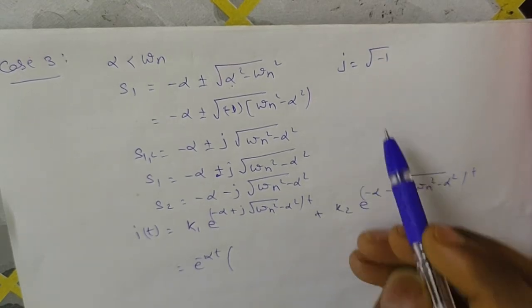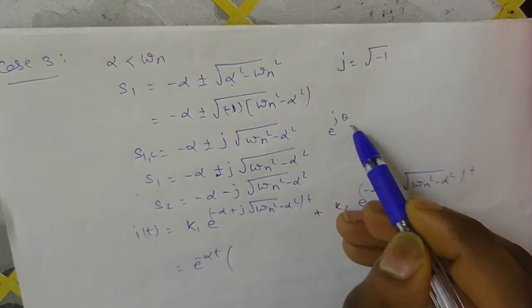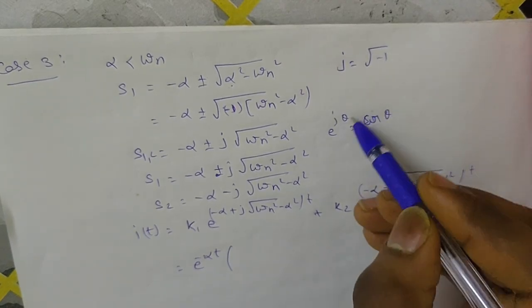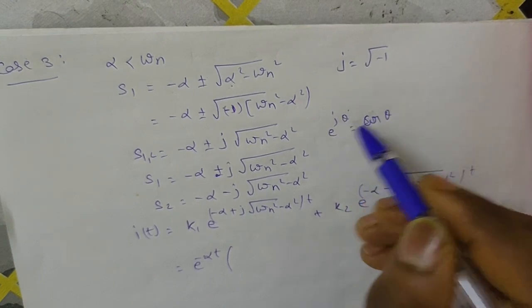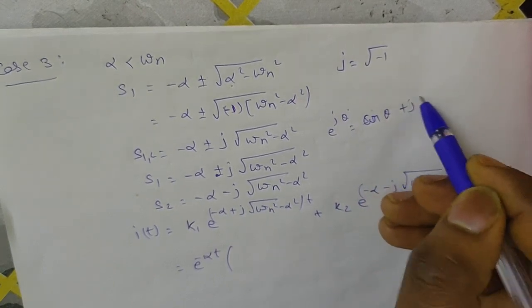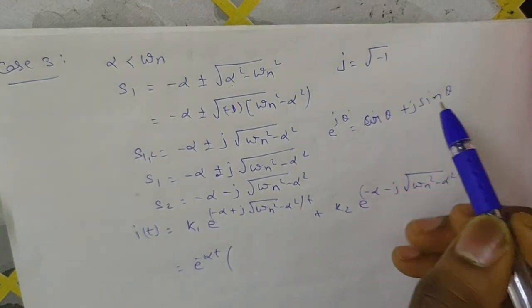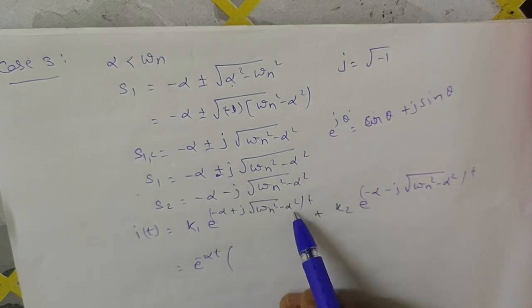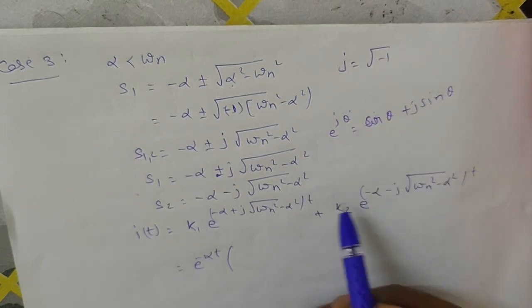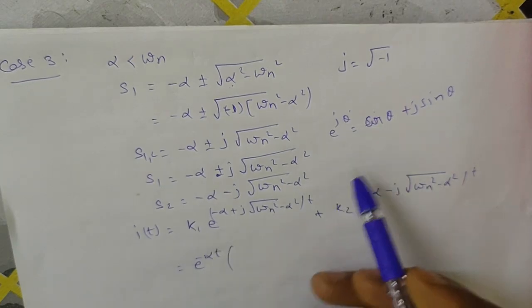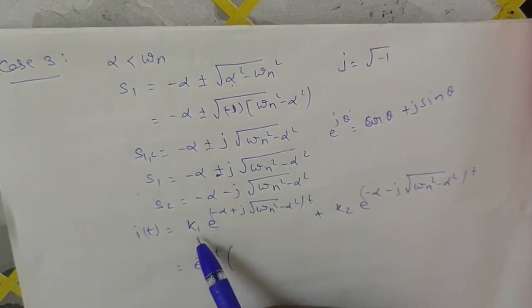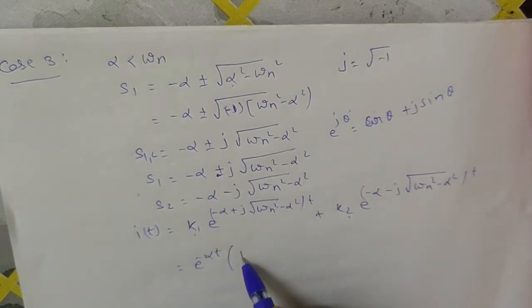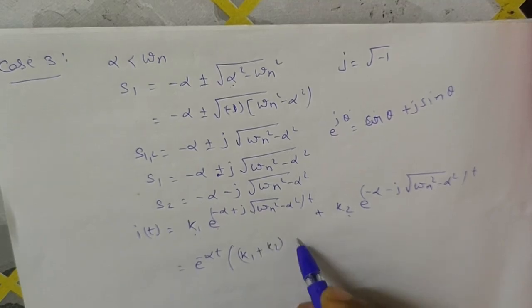Then, we know e power j theta is cos theta plus j sin theta. Based on this, in place of theta there is the expression of under root omega n square minus alpha square into t, that we will replace. Then the constants k1 and k2 together will be k1 plus k2 for the cos terms.